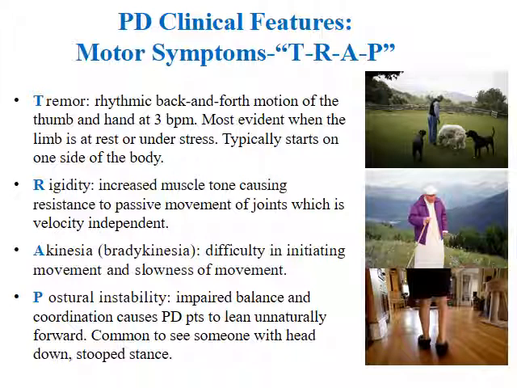And you can commonly see someone with head down, tilted stance, like in those pictures. So TRAP is the 4 cardinal symptoms of Parkinson's disease. You can easily think, when a patient has Parkinson's disease, they are in a TRAP, and that's why they have difficulty moving.